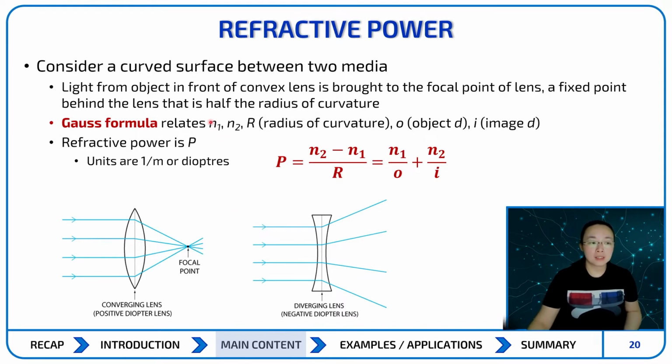Gauss's formula relates certain parameters with each other, and you end up with this equation here, where you have the refractive power being equal to the refractive index of the first medium divided by your object distance, plus the refractive index of your second medium divided by your image distance.